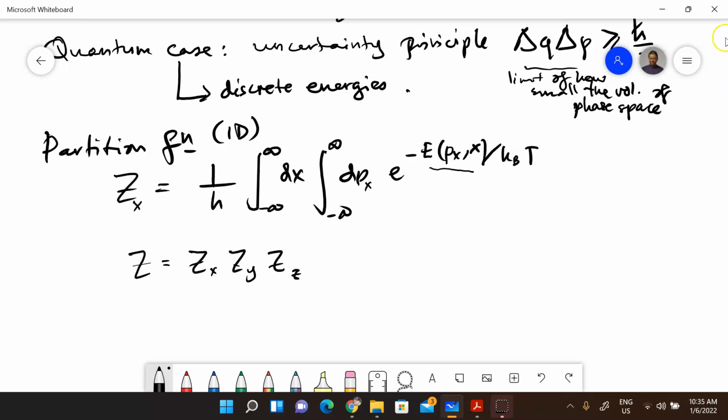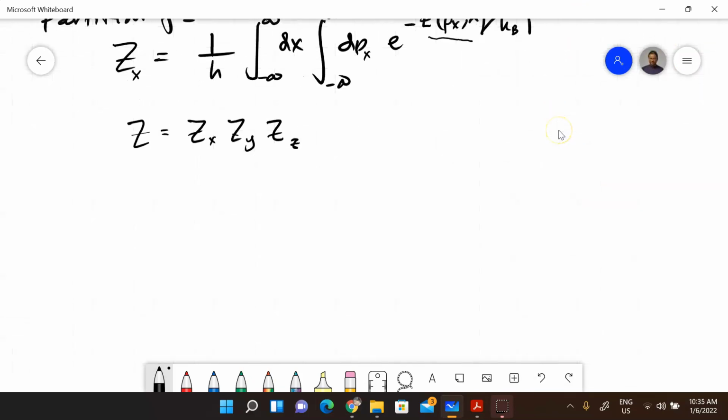The special form that one usually assumes, where is my cursor, is a harmonic oscillator energy kind of thing. So it has the sum of two squares.